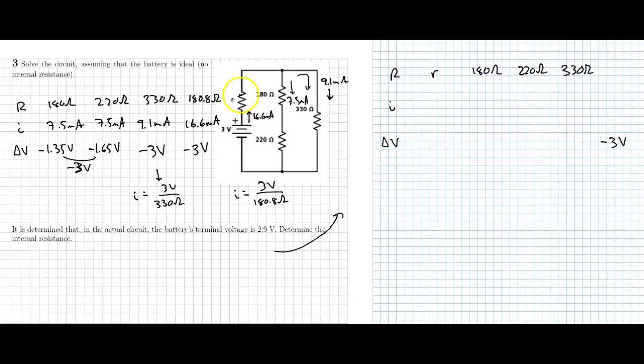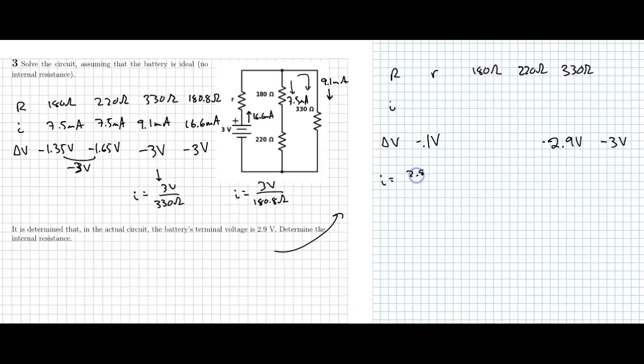If this terminal voltage is 2.9 volts, I know that I lost 1/10 of a volt across the internal resistor. I know by the loop rule, as I just said, that I lose 2.9 volts across the 330 ohm resistor, negative 2.9 volts.